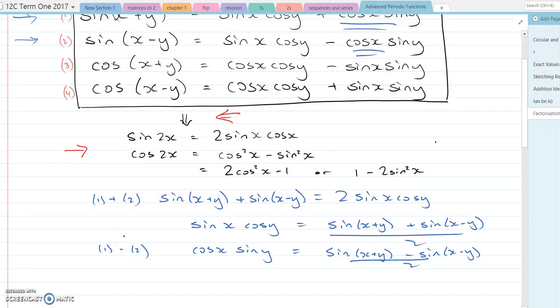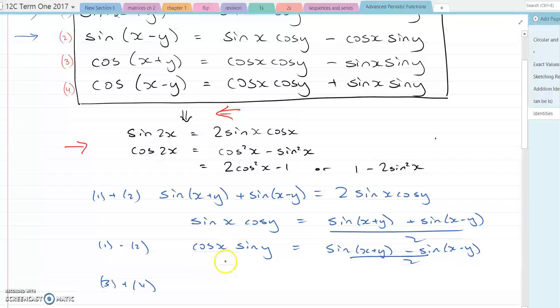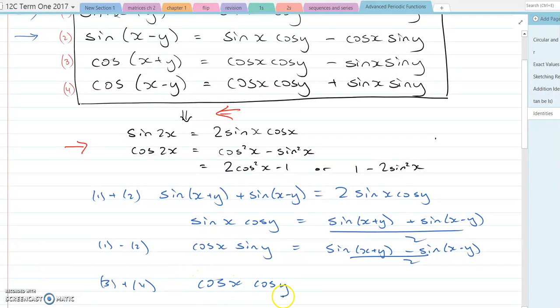I can add them, 3 plus 4. If I add 3 and 4, these are going to double up and these are going to cancel. So I'm really going to get a formula for cos x cos y.